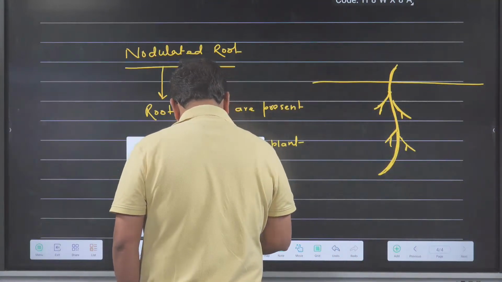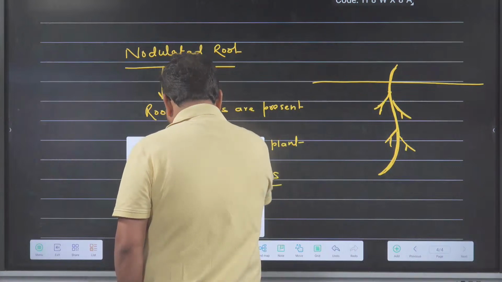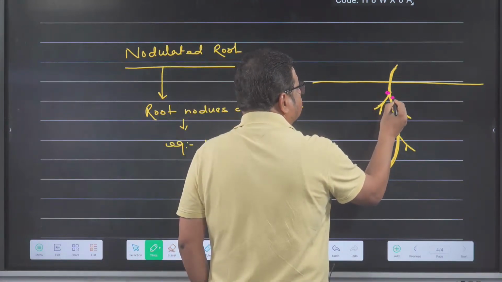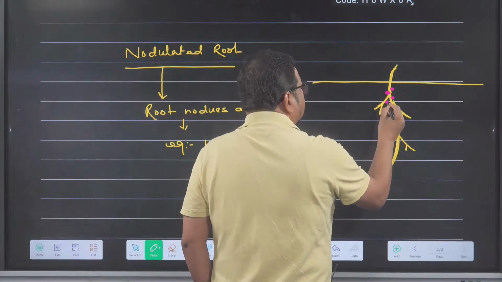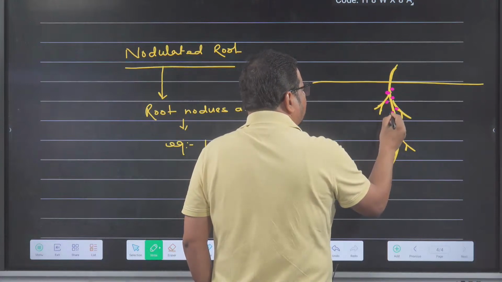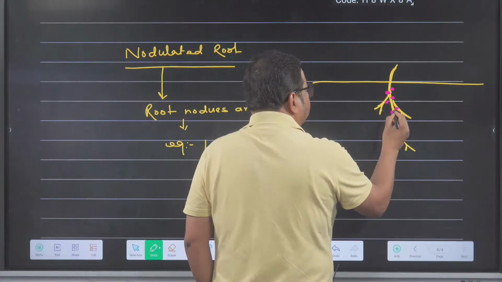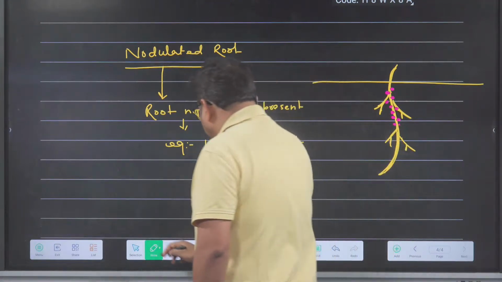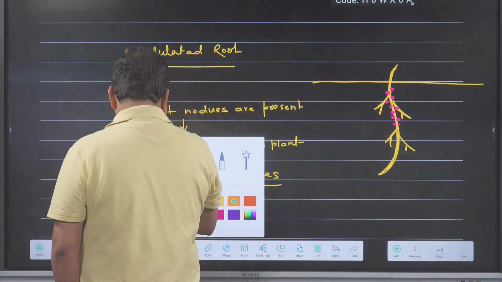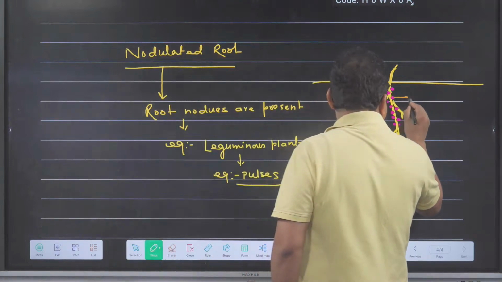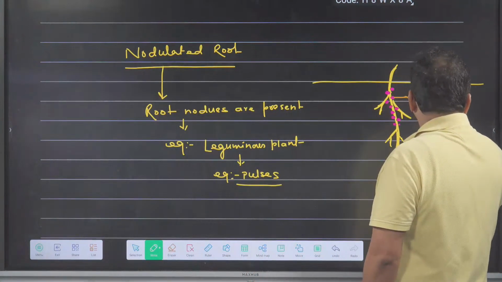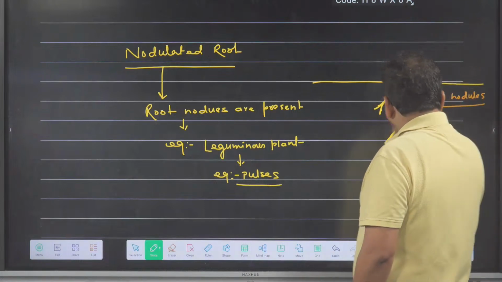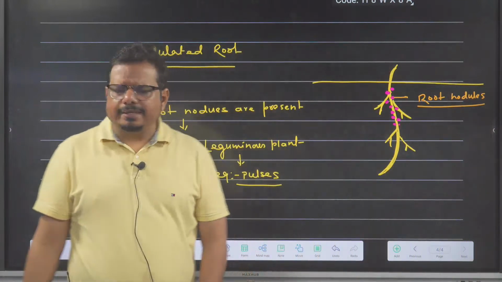What you will find in these leguminous plants is that root nodules are present like this. They may be present on the primary root, they may be present on the secondary root. So this structure I made is what basically? Root nodules. Did you get the idea or not?